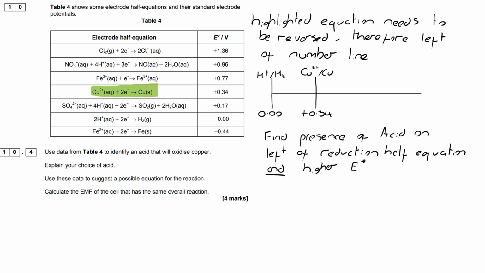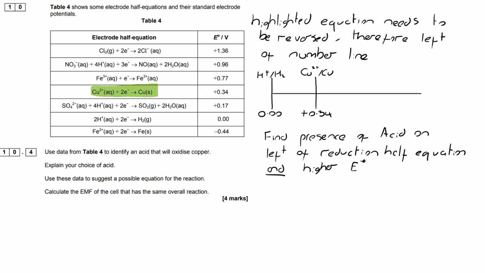But I need to find an acid which is going to go to the right of the copper 2 and copper to allow the copper to be oxidized, to allow the equation provided to be reversed.